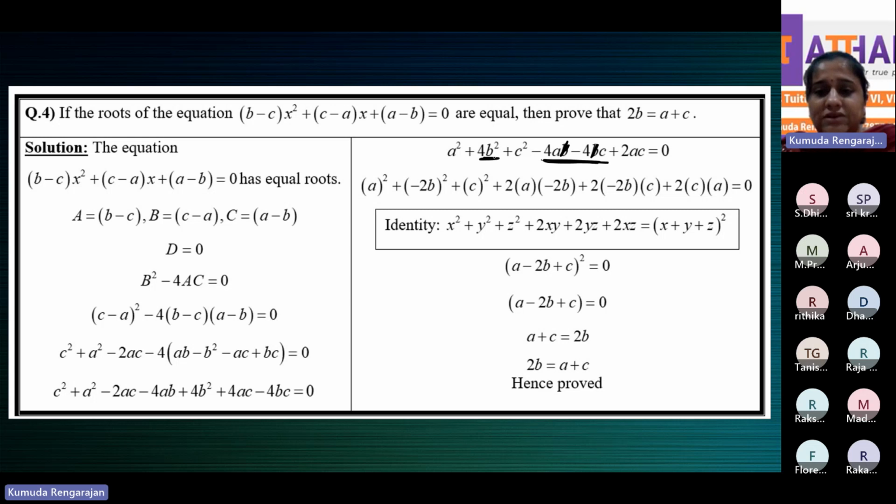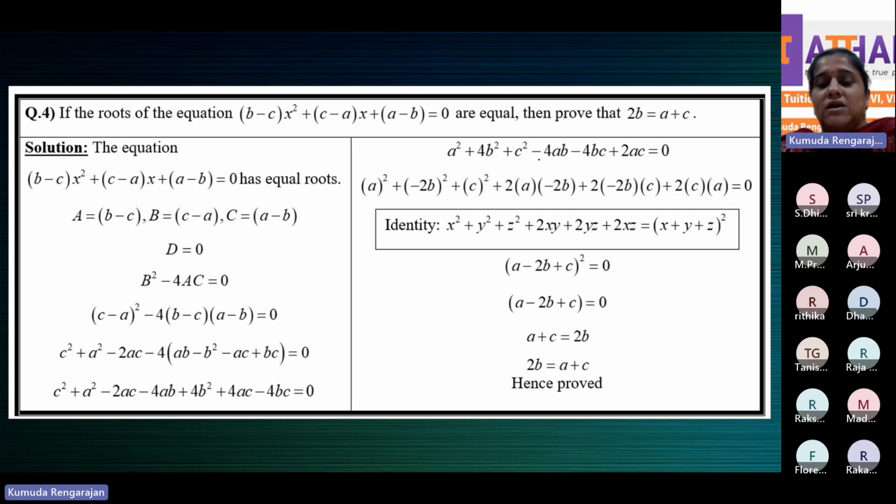So you come here to this B term, and inside the bracket, fix a minus sign. However, when you square it, minus 2B into minus 2B is plus 4B square only. Okay, so plus C square.